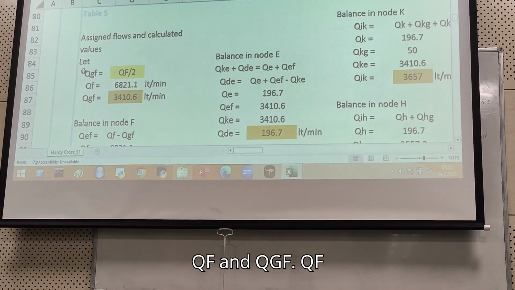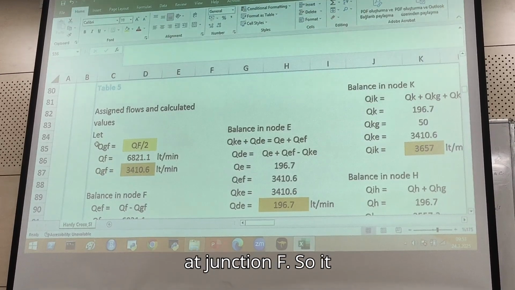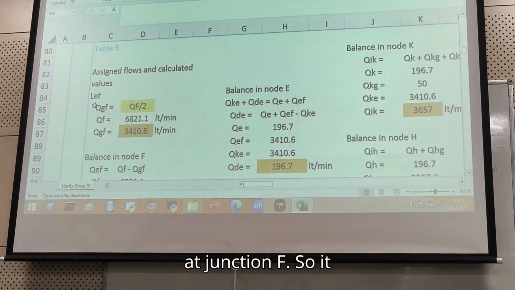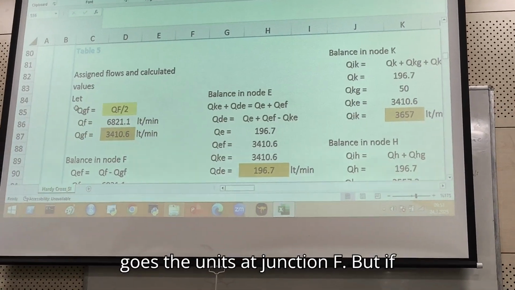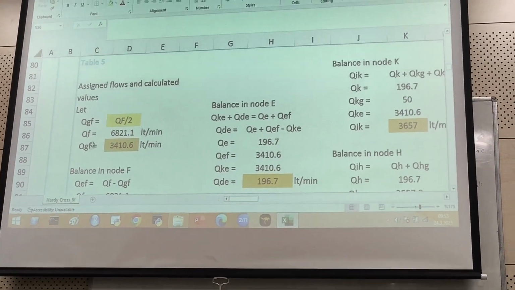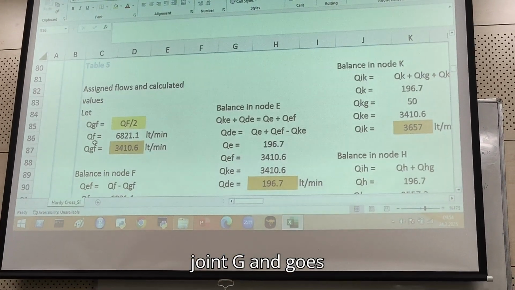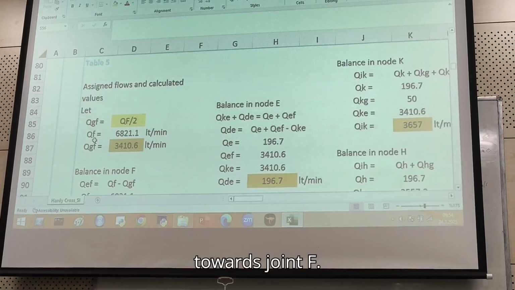QF and QGF. QF means the flow that is in junction F, okay? So it goes to the units at junction F. But if we say QGF, it means flow comes from junction G and goes towards junction F.